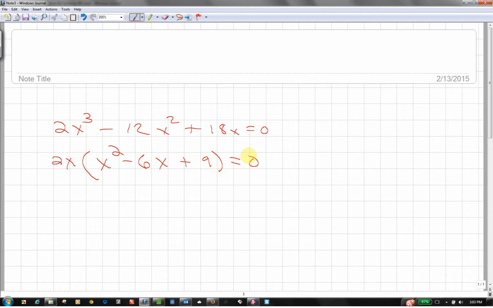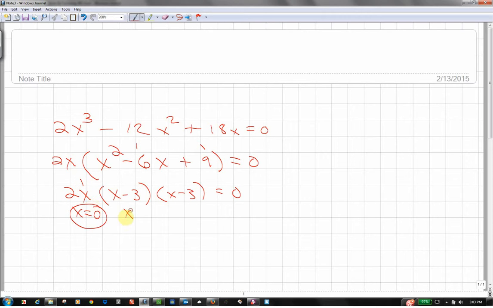Now I'm going to look at my quadratic term, the one with the squared, and I'm going to see if I could factor that. Two numbers that add to negative 6 and multiply to 9. That would be x minus 3 and x minus 3. So for this particular problem, the value of this x that makes it go to 0 is x equal to 0.